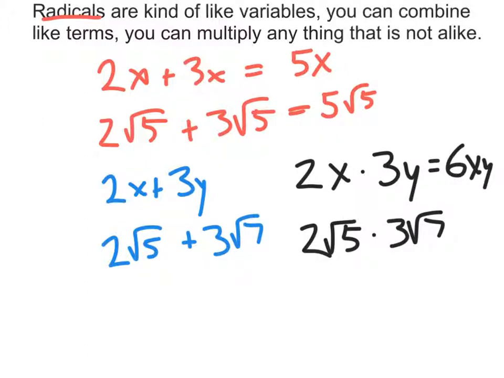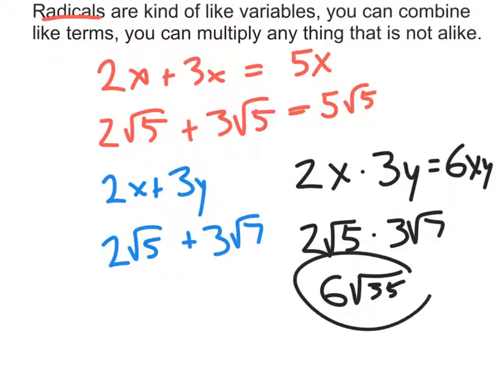Just like up here, we multiplied the 2 times 3, we could also multiply the 2 times 3, and that'll give us 6. And the square root of 5 times the square root of 7, you could actually do that, because the rule could be used backwards. You remember how we used to split the roots? You could actually put them together and say 5 times 7, which would be 35. So that would be your answer on that one.